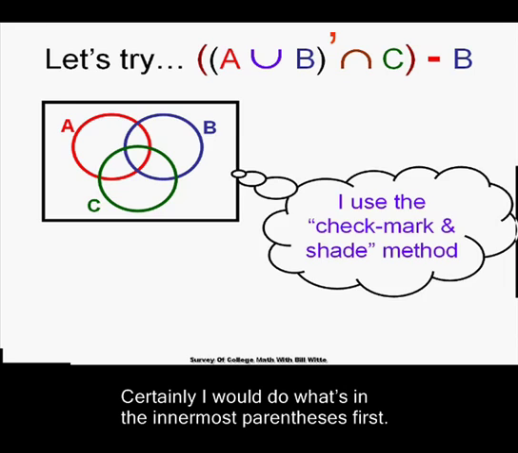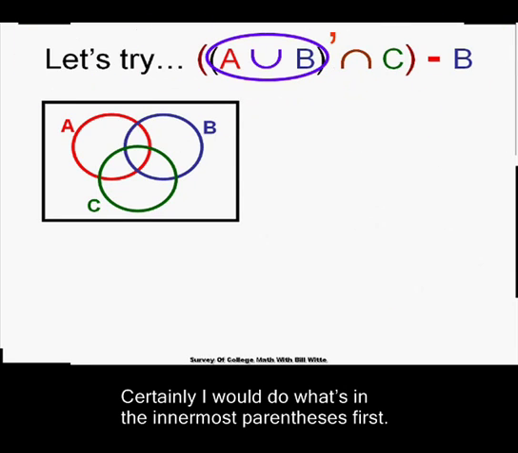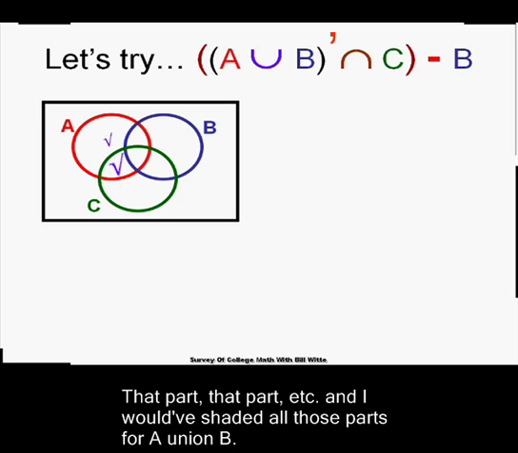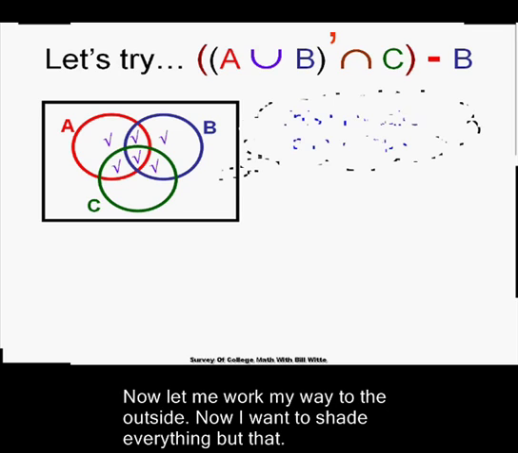Certainly I'm going to do what's in parentheses first. A union with B. So let me check all the sections as if it's a paint by number for A union with B. That part, that part, that part, that part. I would have shaded all those parts for A union with B. Now let me work my way to the outside.